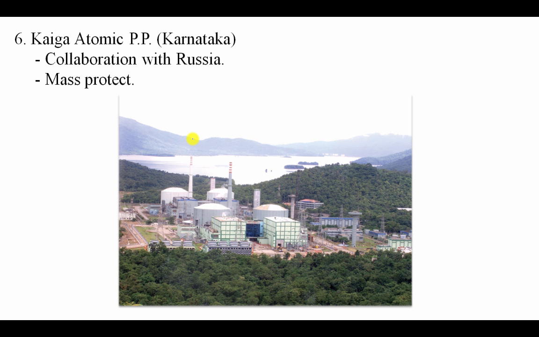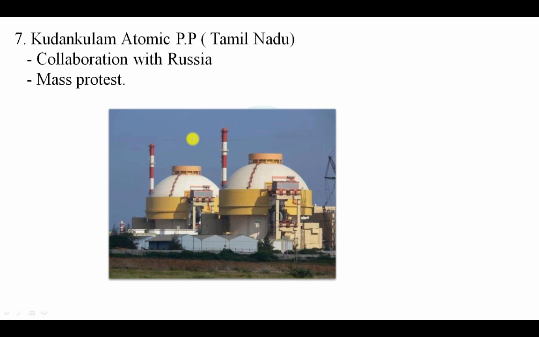Another is the Kaiga atomic power plant. It is in Karnataka. Kaiga, Karnataka. You can associate both the names. It is made in collaboration with Russia, and there was a mass protest over that issue. That's why the Kaiga atomic power plant was frequently asked in our previous paper also. And the last is the Kudankulam atomic power plant.